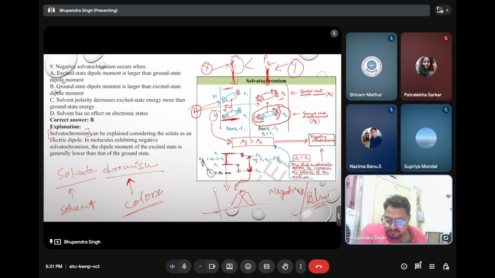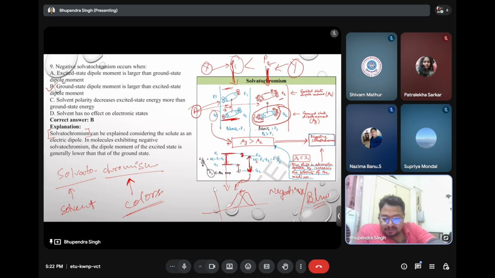So the answer is: the ground state dipole moment is larger than the excited state dipole moment, B. Solvatochromism can be explained considering the solute as an electric dipole. In molecules exhibiting negative solvatochromism, the dipole moment of the excited state is generally lower than that of the ground state. Okay, I think you have probably got it.